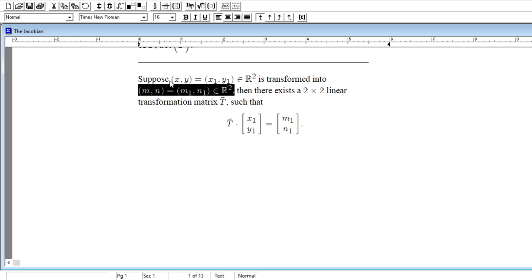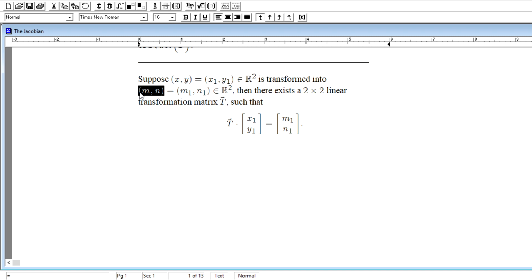Here we might suppose x comma y, which is contained in two-dimensional space and defined by these coordinates x1 comma y1, is transformed into this location in two-dimensional space defined by the coordinate m comma n, where x1, y1 gets transformed into m1 comma n1 in this two-dimensional transformation, right?